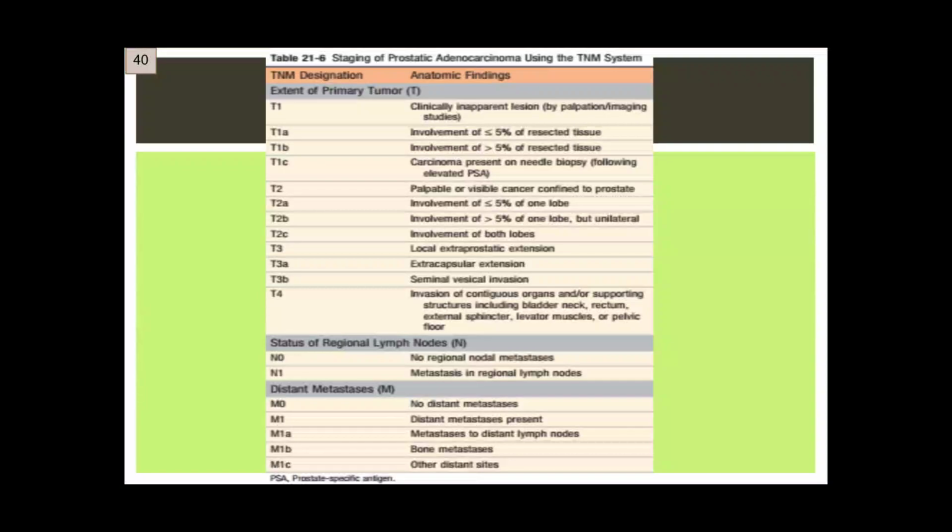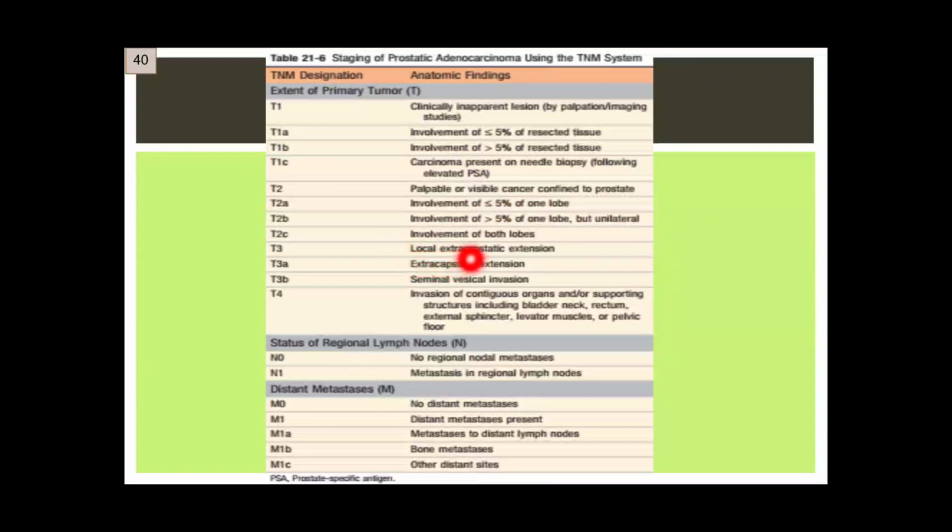Now the stage is also very important. So stage T1 is when the tumor is clinically inapparent, and we cannot visualize it by palpation or by the imaging studies. Second stage is when there is a palpable or visible cancer confined to the prostate. It is limited to the prostate.